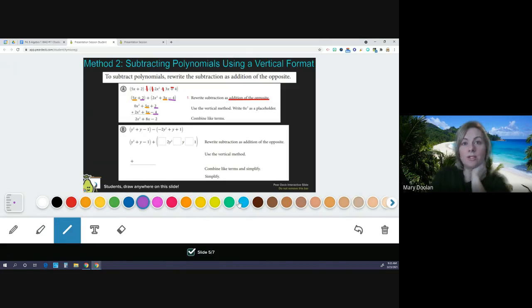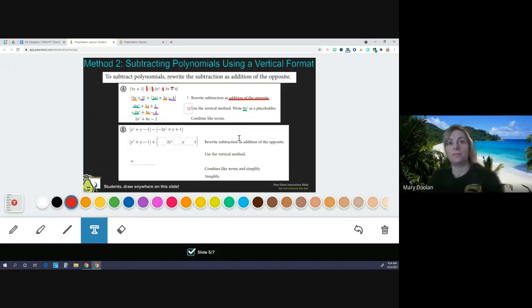And then we have an x squared term in the second polynomial, but we don't have one in the first polynomial. So when we're missing one, that's when we put in the 0 placeholder. So we use 0x squared as a placeholder. This was step 2. And then we combine our like terms.